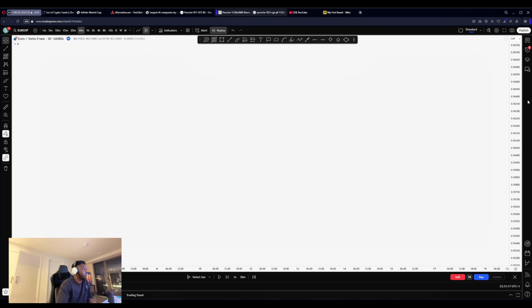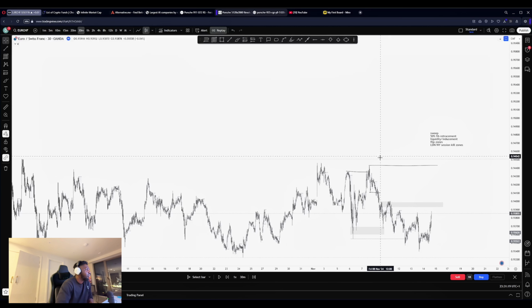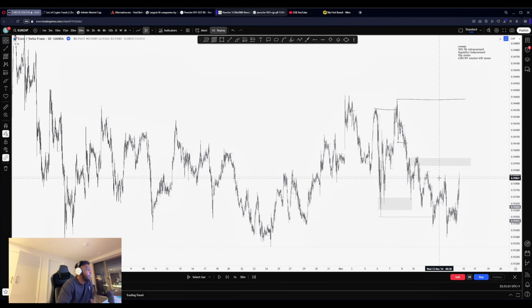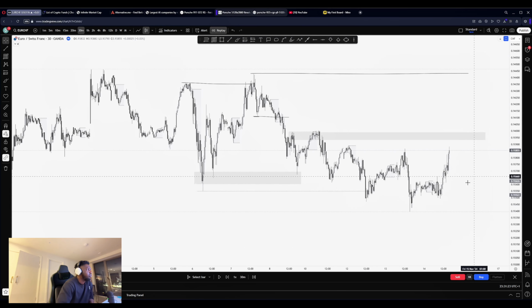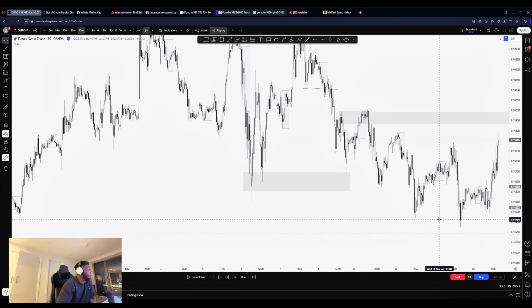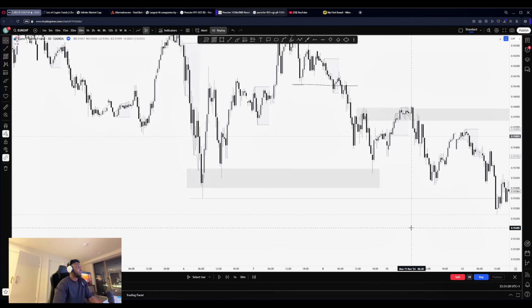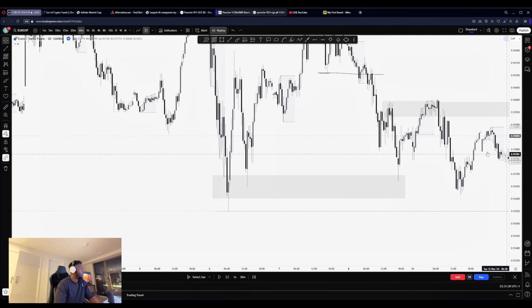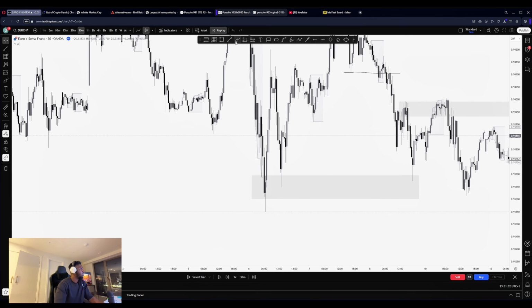So let's look for the liquidity on the chart here. So we can see here that price actually gave liquidity here. There was actual liquidity here that made this order block here valid.